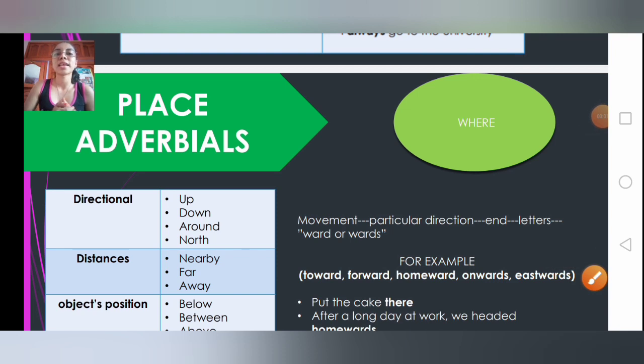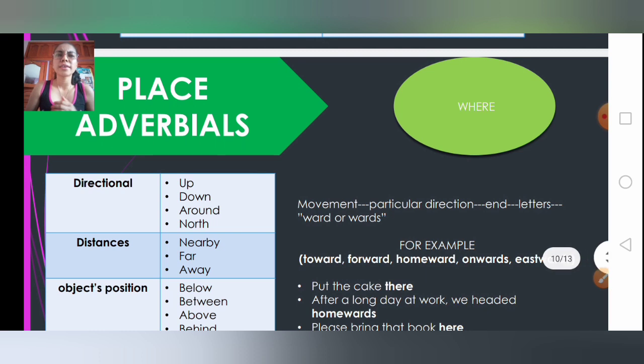Place adverbials. These are the adverbs that change or qualify the meaning of the sentence by telling you where things happen. So here we have some characteristics of this. An adverb of place always talks about the location where the action of the verb is being carried out.